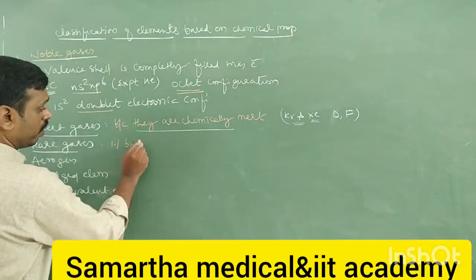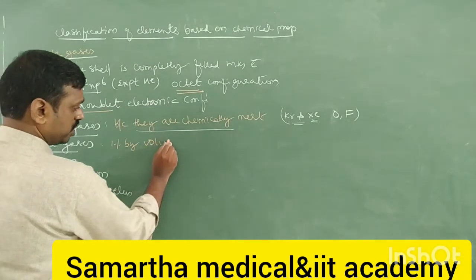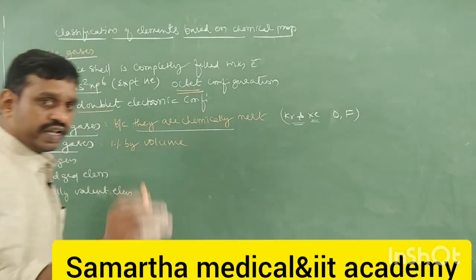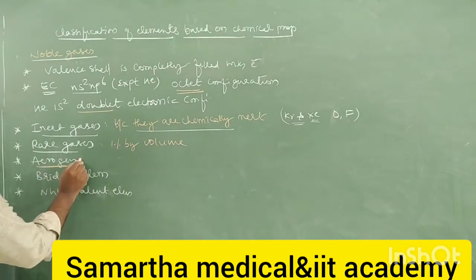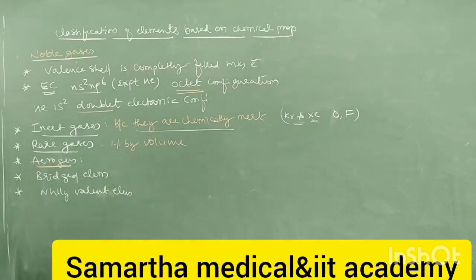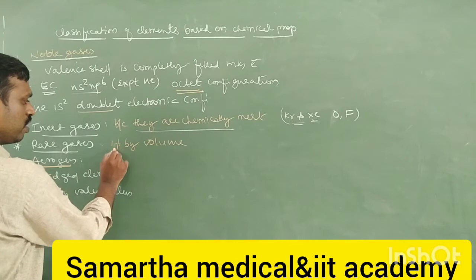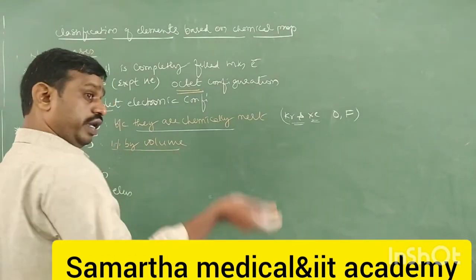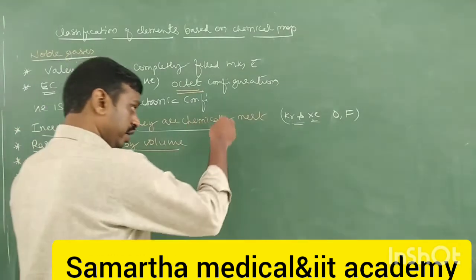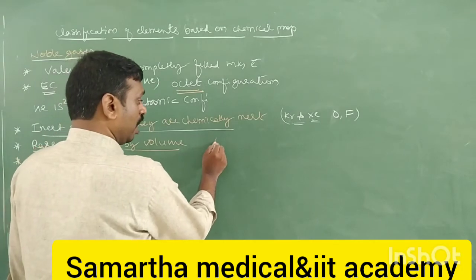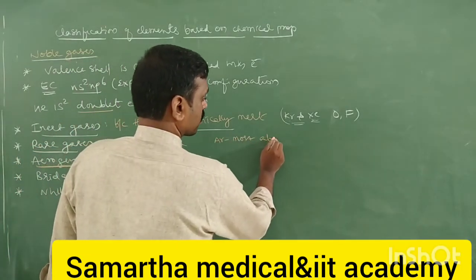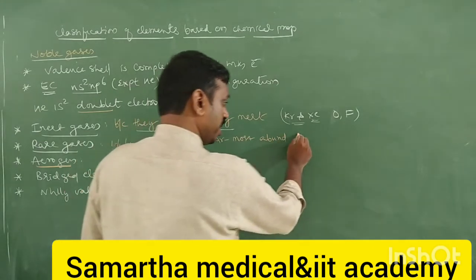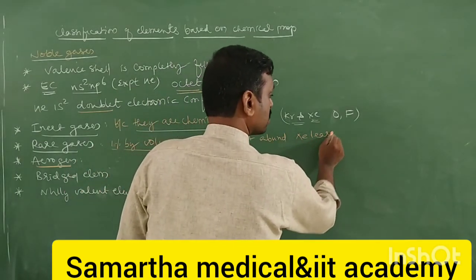Since they occur in very small quantity in air, they are called rare gases. Next, of this 1% in air, argon is the most abundant, and xenon is the least abundant.